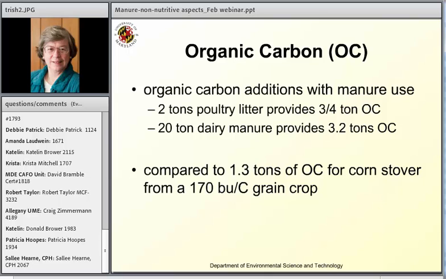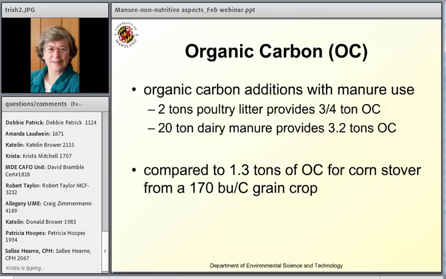So let's talk first about the organic carbon. The organic carbon additions with manure are in the same ballpark or order of magnitude as what we might get from crop residue. What I've indicated here is that typically in about a 2-ton application of poultry litter, we're also getting about 3/4 of a ton of organic carbon.